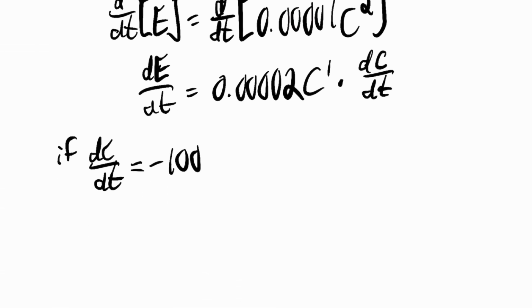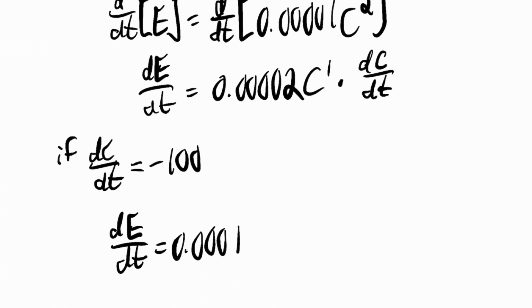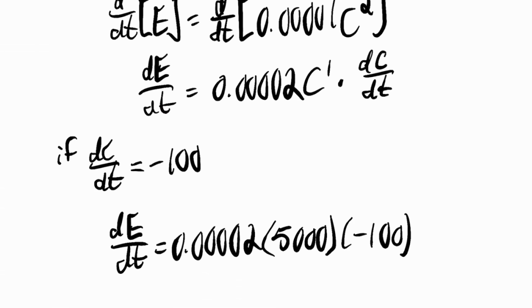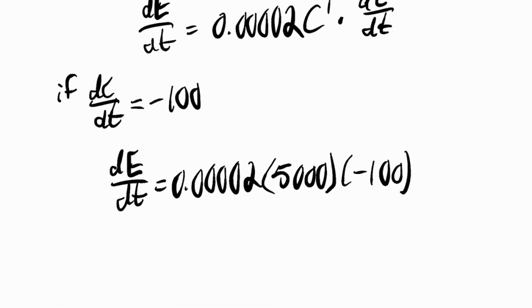If dC/dt is negative 100, then dE/dt will be 0.00002 times, C was 5,000 for that particular day, times the rate of change for that day. So the next day will be 4,900 customers instead. If we multiply this together, I think we get 10.